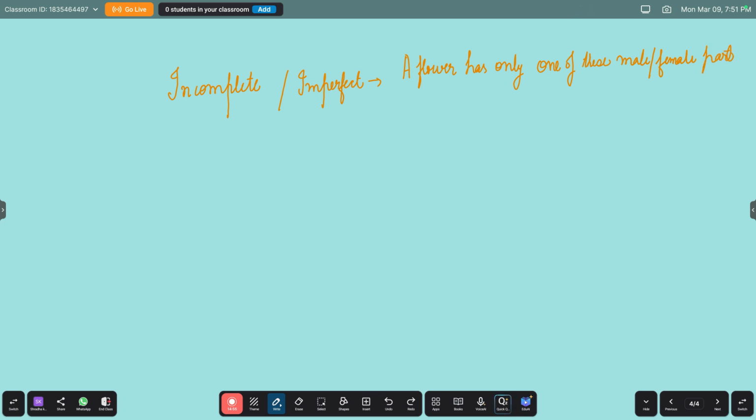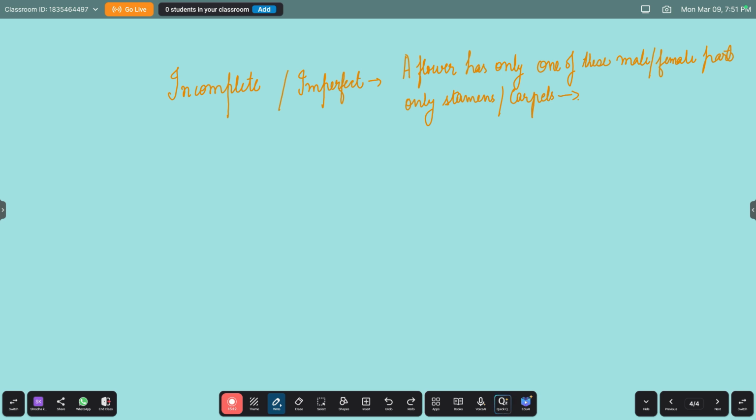It means it will have only stamens or only carpels.